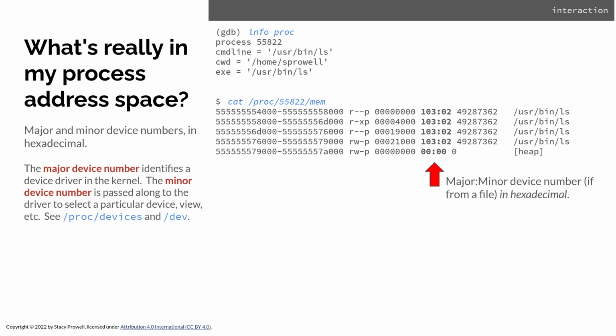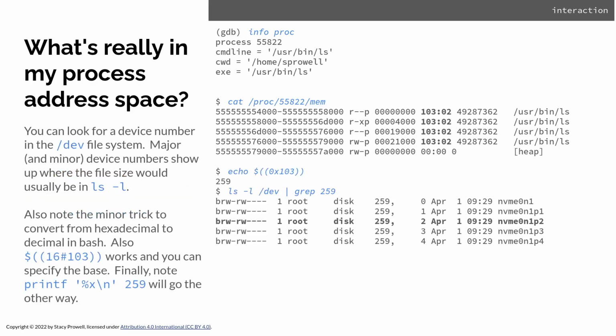You can go look at /proc/devices and at /dev to take a look at those. The minor device number selects a particular device or a view or maybe a partition, etc. Those two together point you to a structure somewhere that will contain the file. All you need then is an actual pointer into that to the file itself, which we'll have in just a moment.